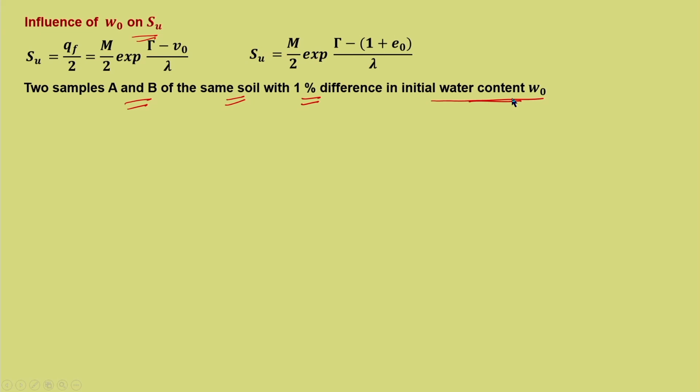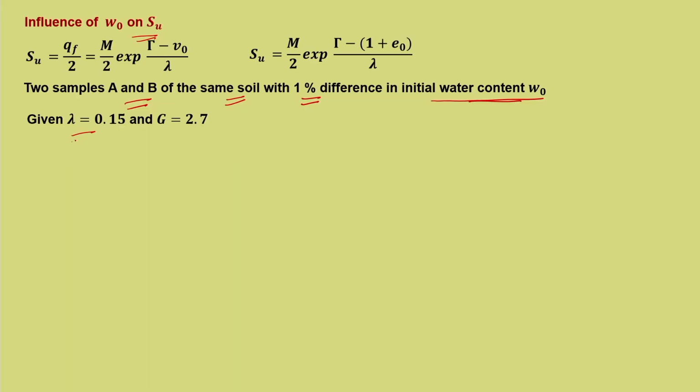We are trying to see how much difference in Su this 1% difference translates to. We consider the critical state parameters: lambda equal to 0.15 and specific gravity as 2.7.